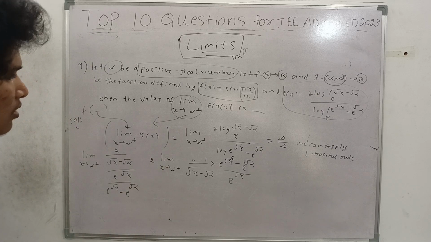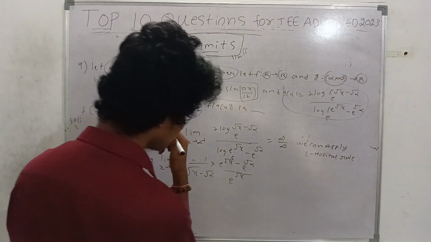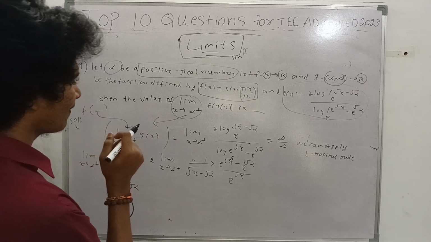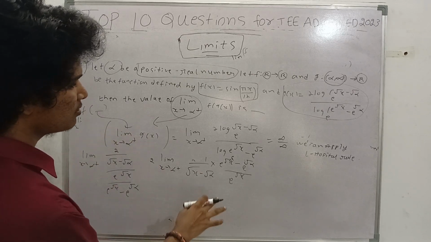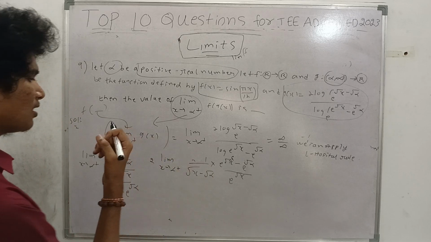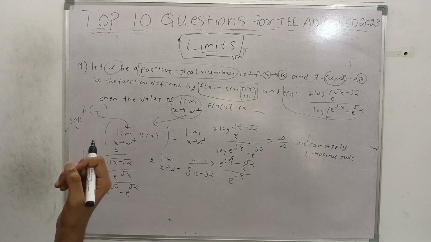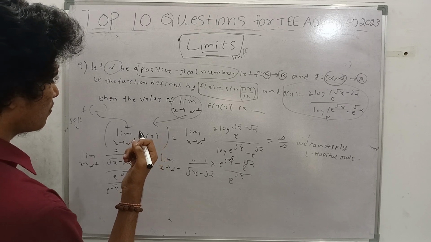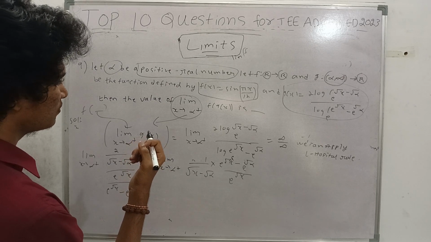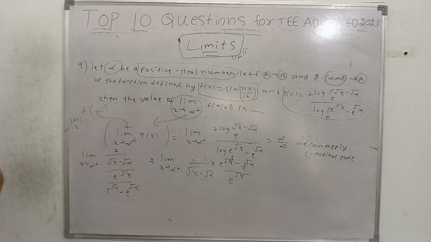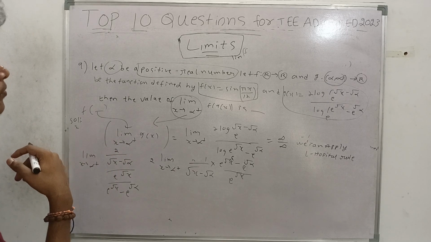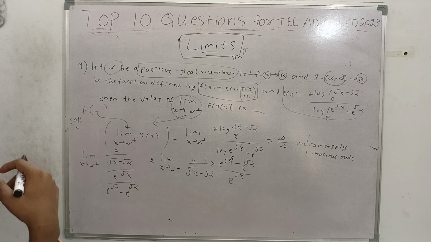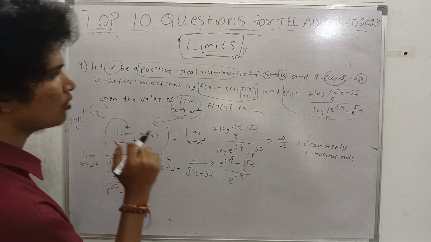Here 0 by 0 is coming. What we can do? We have to solve this thing only.